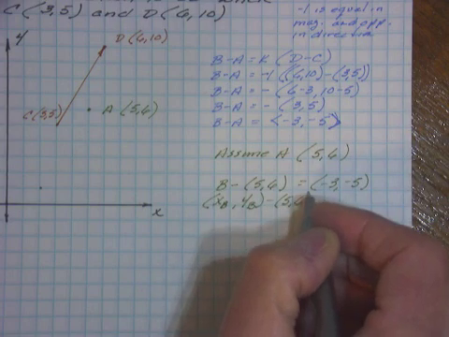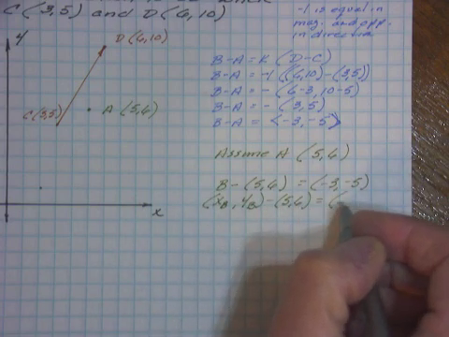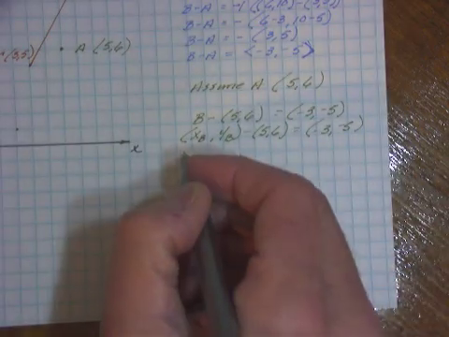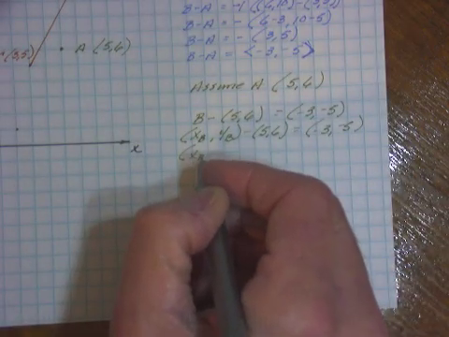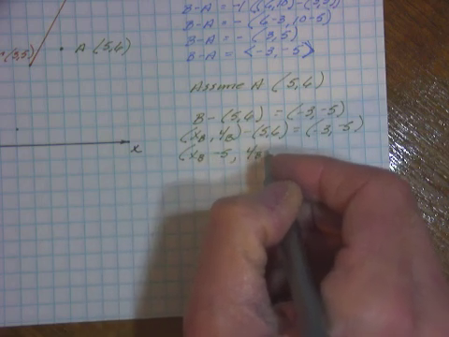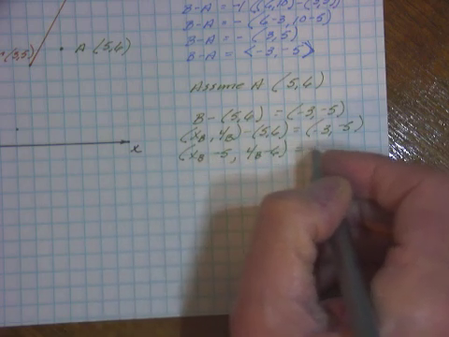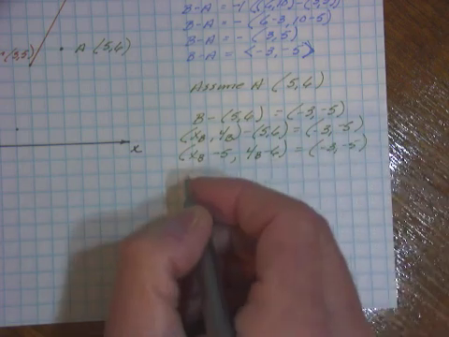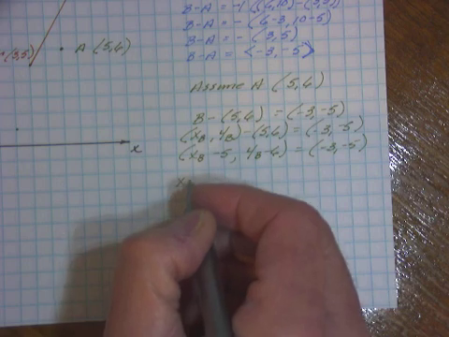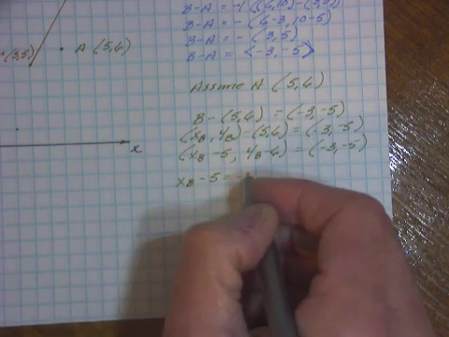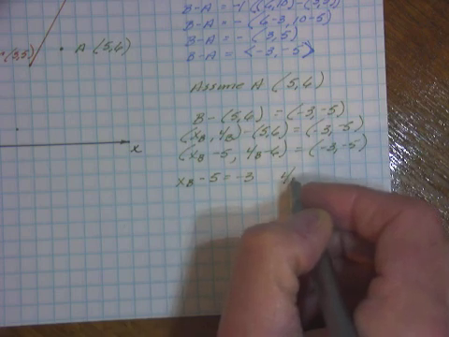So what I've got is the X value at B, comma, the Y value at B, minus 5, 6, equals -3, -5. Okay? So X sub B minus 5, comma, Y sub B minus 6 equals -3, -5.